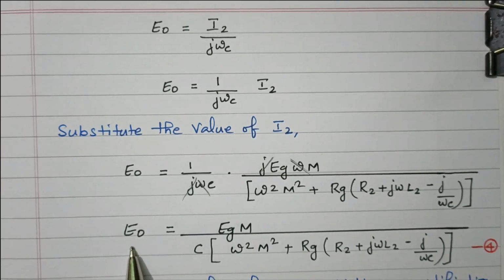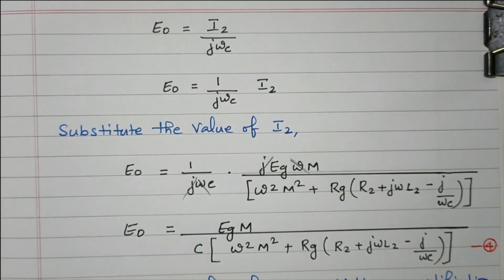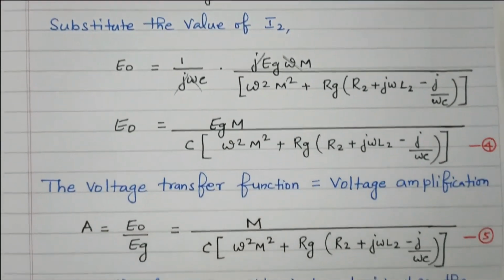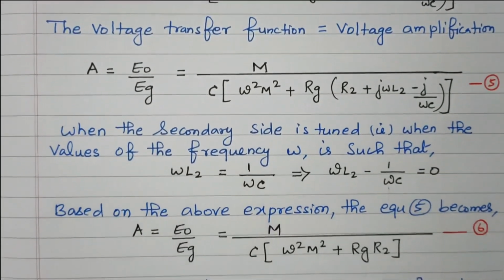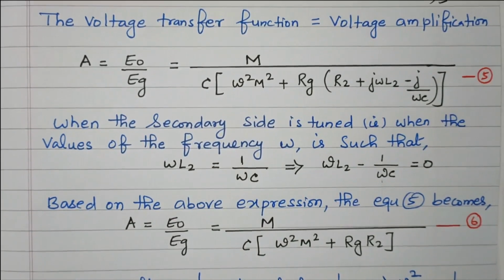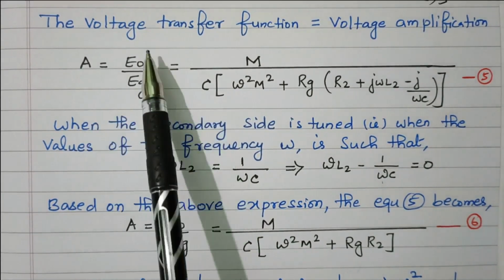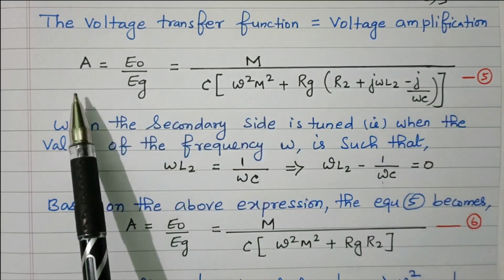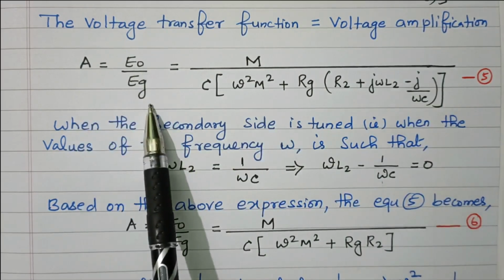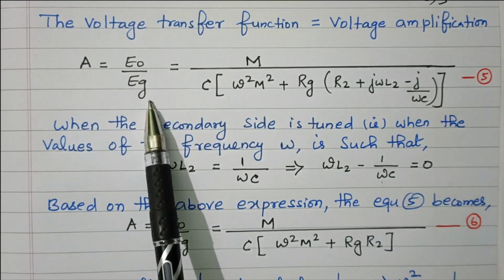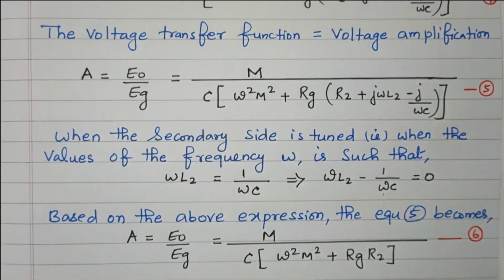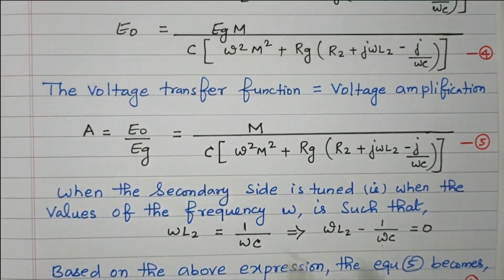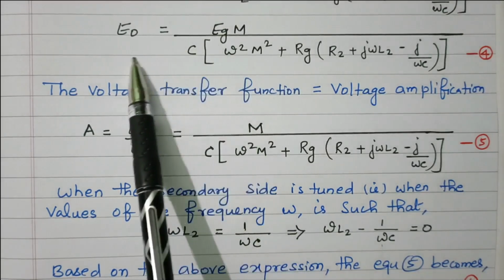I1, I2 values are already available. Now we got output voltage E naught also. From that we can go for the amplification factor. So the output transfer function equals the voltage amplification, that is A equals E naught divided by Eg. The Eg is available here, so this Eg is brought to the denominator.